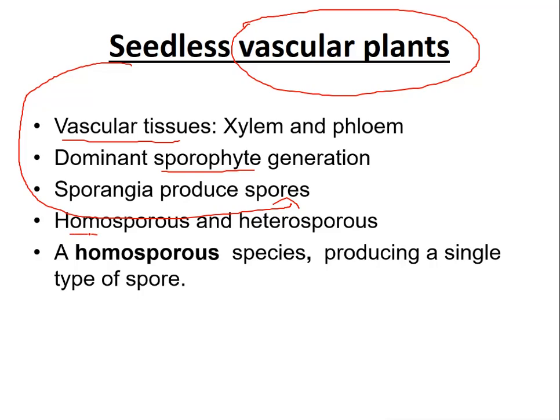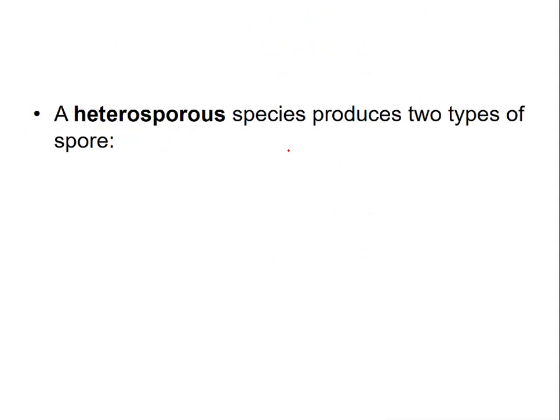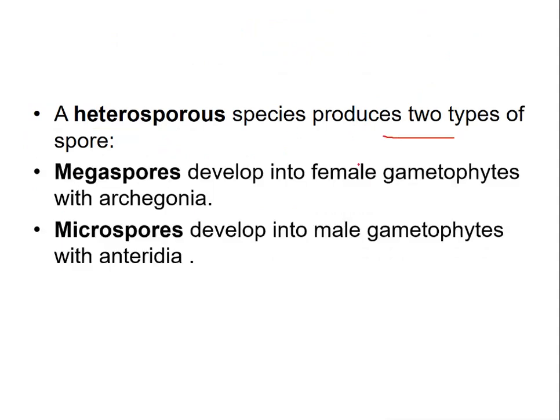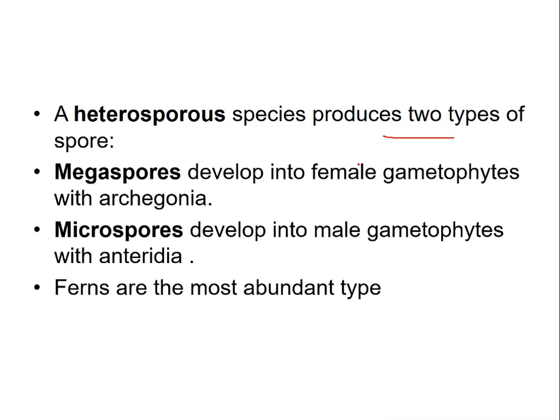The spore can be either homosporous or heterosporous. Homosporous means producing a single type of spore. Heterosporous species produce two types of spore, which are megaspore and microspore. Megaspore will develop into female gametophyte with archegonia that will produce egg.